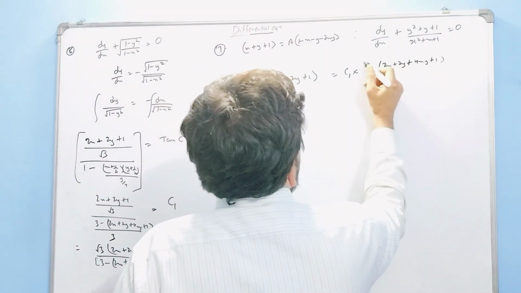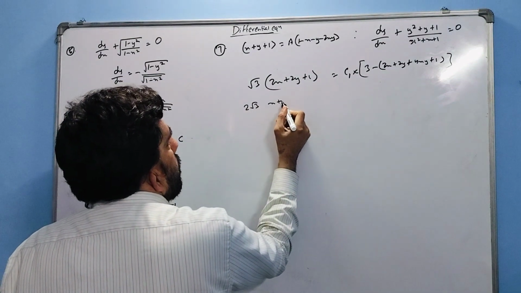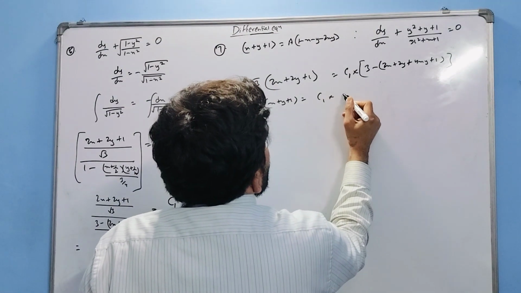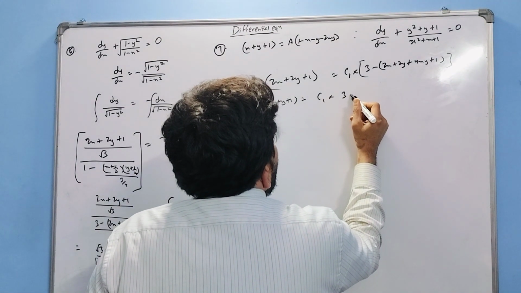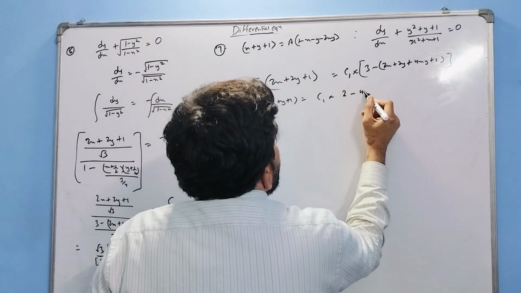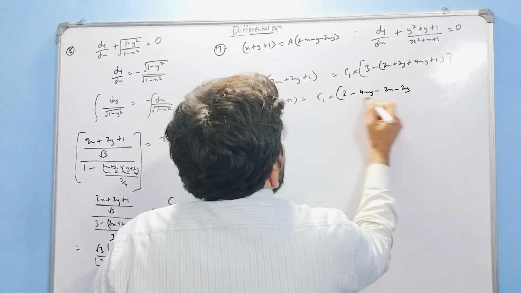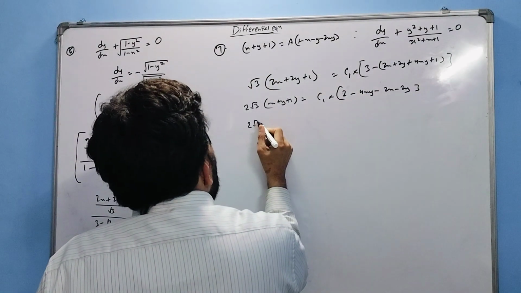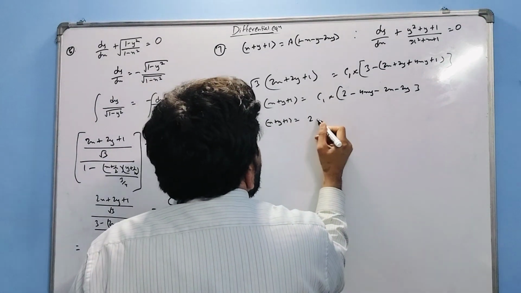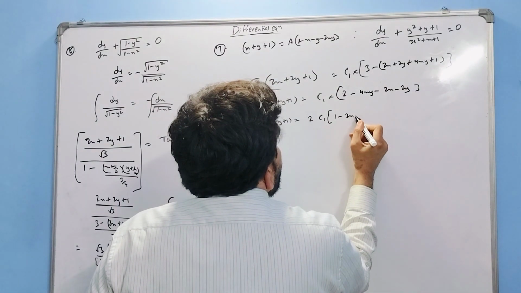So now what we can do here, 2 root 3 (x plus y plus 1) is equal to, if I take this C1 into 3 minus 1, it will be 2 minus 4xy minus 2x minus 2y. Taking 2 common, we have this x plus y plus 1 is equal to 2 into C1, we have here that is 1 minus 2xy minus x minus y.